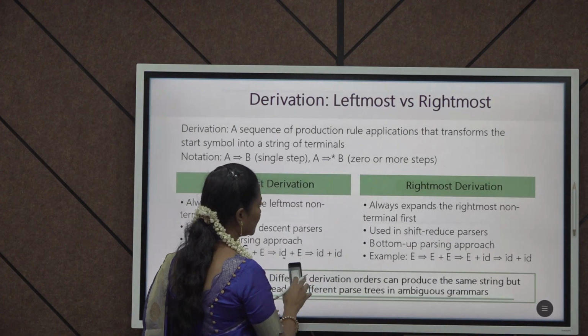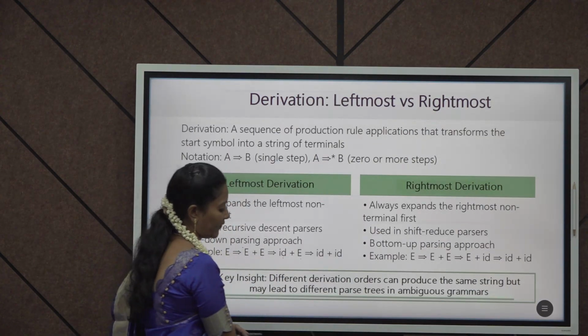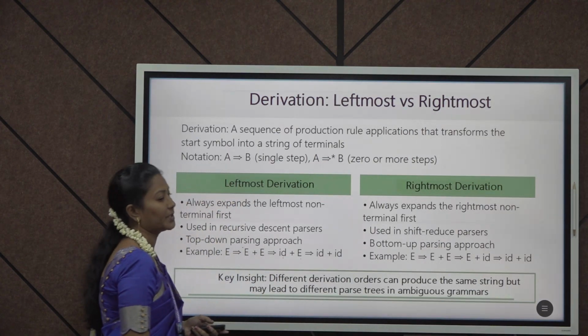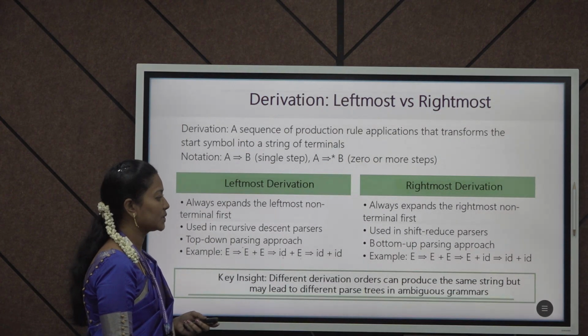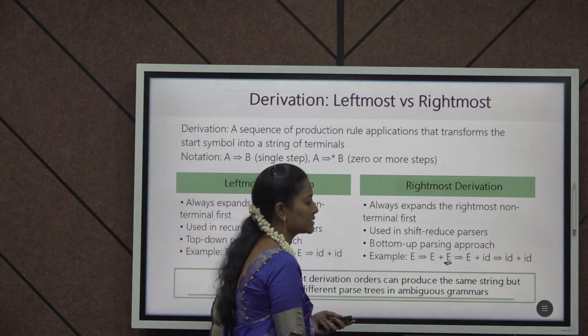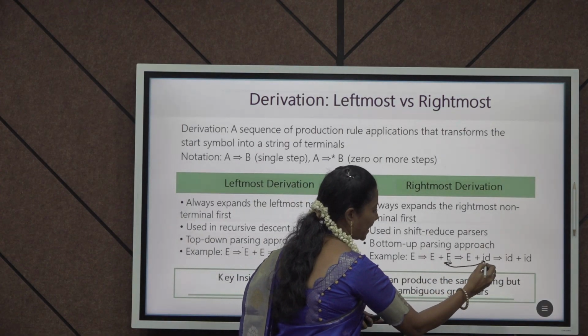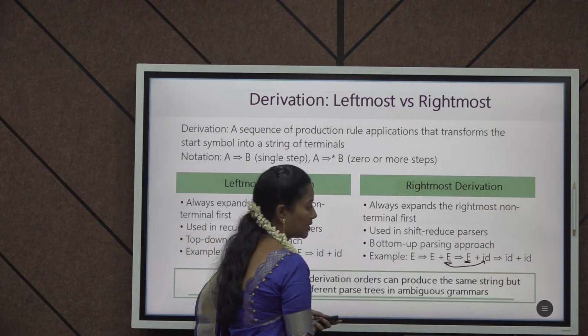In rightmost derivation, we have to expand the rightmost non-terminal first, and it is used in shift-reduce parsers. It is a bottom-up parsing approach. Here the rightmost non-terminal E is replaced first with ID, and then the other E is replaced later. So we will get ID plus ID.